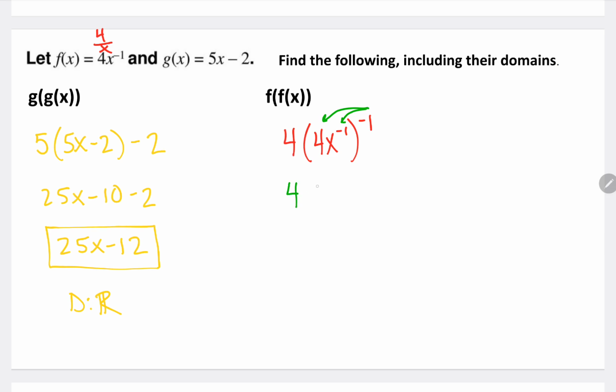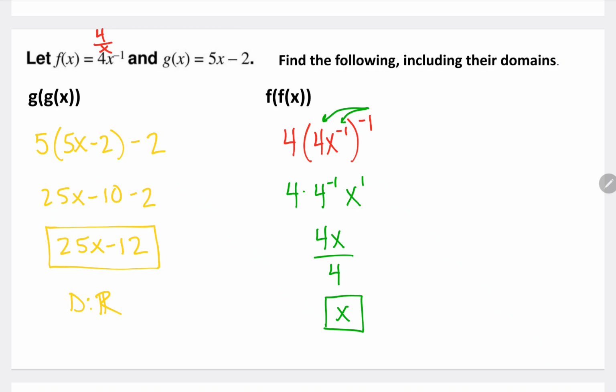So I have 4, and then this becomes 4 to the negative first, and then that x becomes x to the first power. So 4x to the first power over 4 to the first power, or just x.